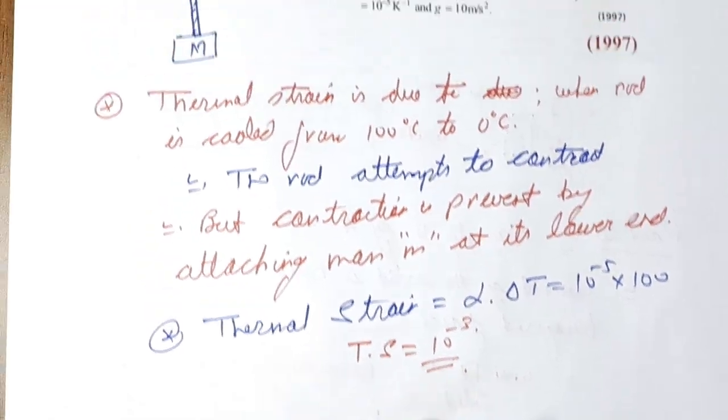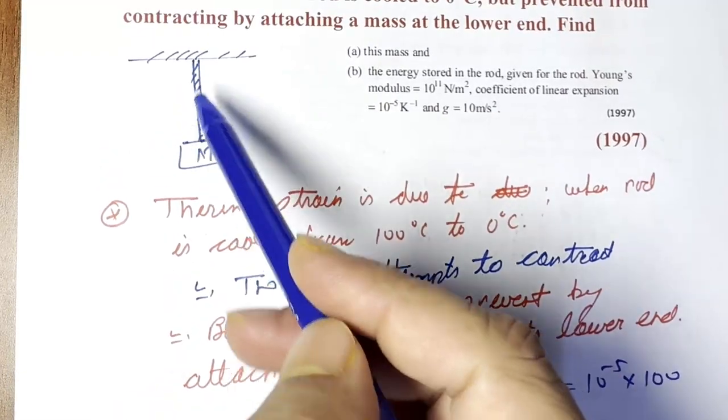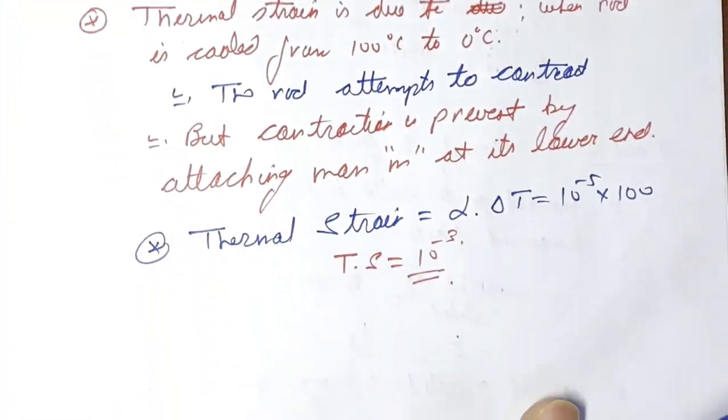The mass will be generating a force which is going to prevent the contraction.